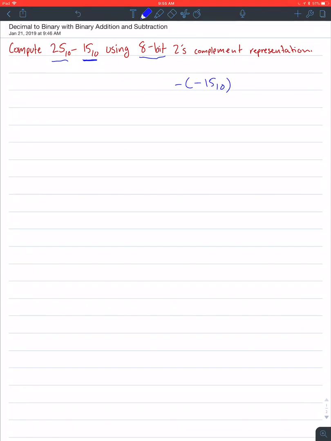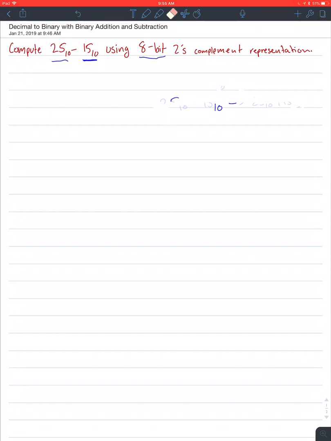So a negative minus a negative is a positive. So essentially what you're doing is converting this original question into 25 base 10 plus 15 base 10, which is much easier for us to compute than to just subtract them.